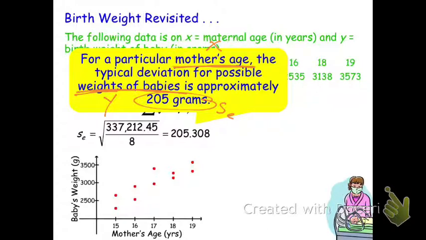So the ones you should have memorized, you can write this out to the side. You should have slope, y-intercept, r squared, and I think we just added standard deviation of errors. Are there any more? Don't think so.